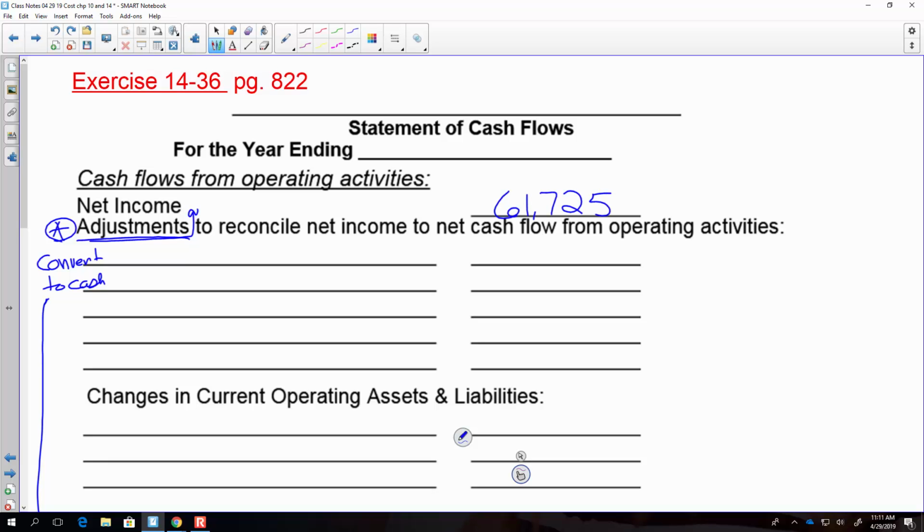61,725 of profit. That's given to us. And then we have a list of accounts. What type of accounts are we looking at here? What is AR, accounts receivable, inventory, prepaid, accumulated, accounts payable, wages payable?